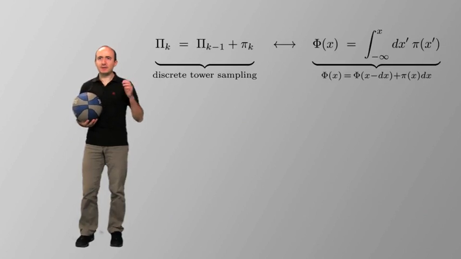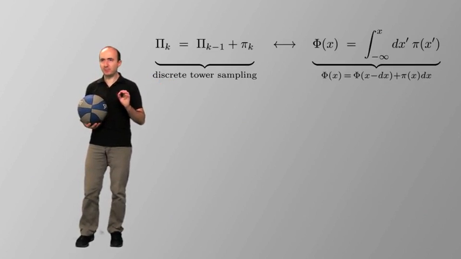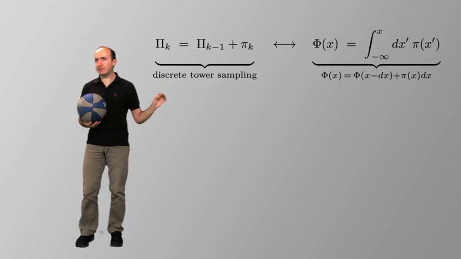To summarize in a mathematical way the discussion that we have had up to now on a specific example, let us make explicit the correspondence between the discrete and the continuous cases. As displayed here, the first step consists in computing the definite integral of pi between minus infinity and x. This is the function that we called phi of x.